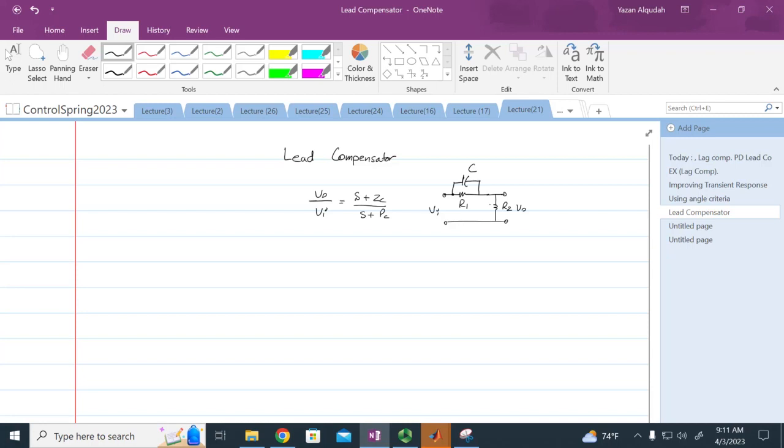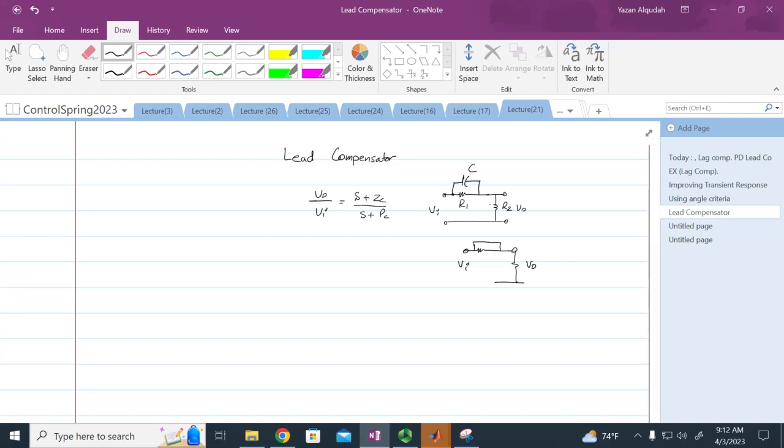Okay, we'll write it and erase it. If the capacitor is a short circuit, this is the input, this is the output. There is a resistor, but then this is short-circuiting it with the capacitor. What is the output? The same as the input.